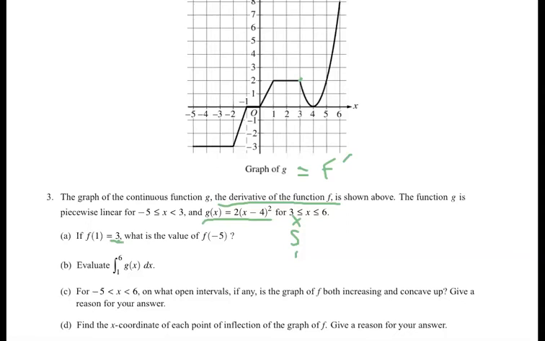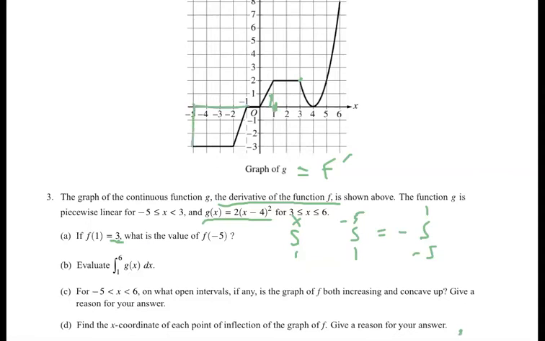So we want f of -5, which means we are going from 1 to -5, which is the negative of the integral from -5 to 1. We've already done some of these, so we're going backwards. Anything we go from here to the left, we've got to do the opposite sign. So we got a triangle right here, and the area of this triangle is 1 times 2 times the half. So that is 1.